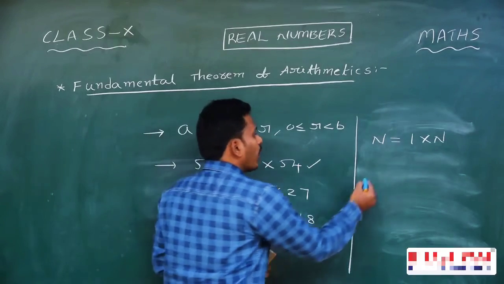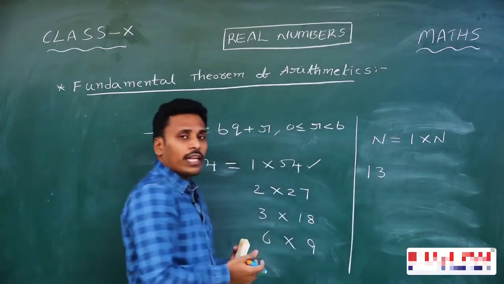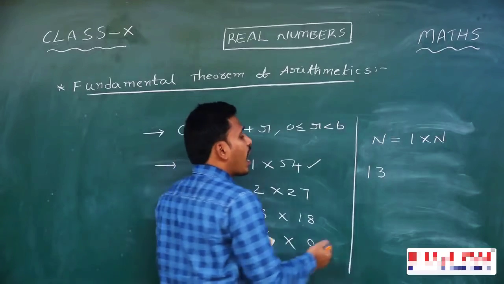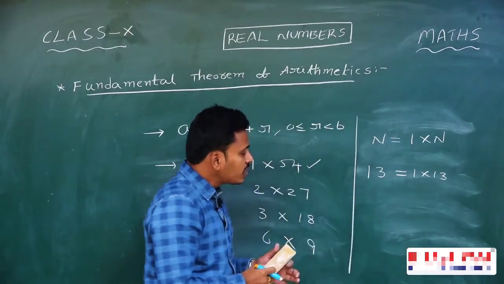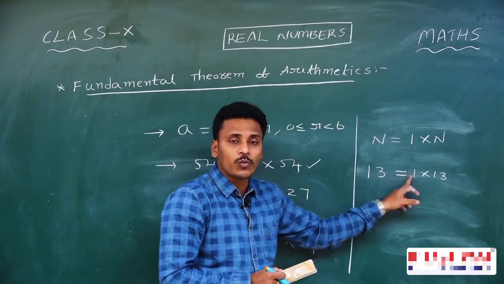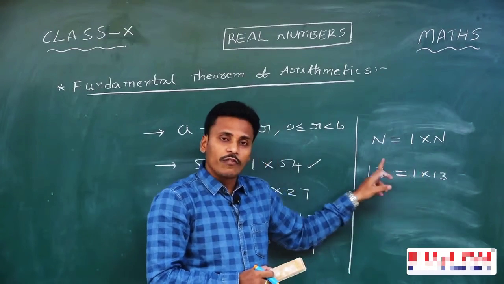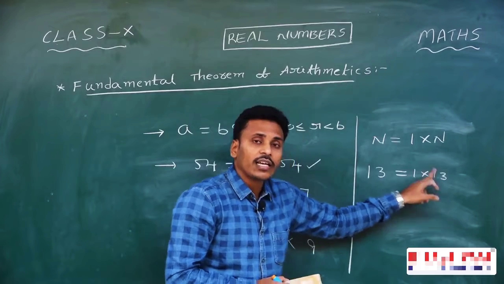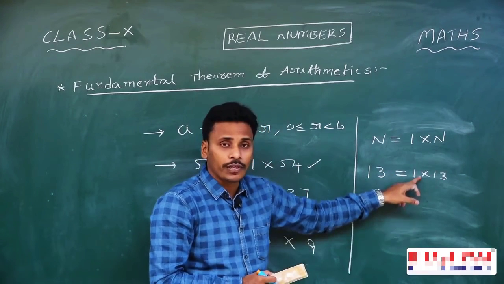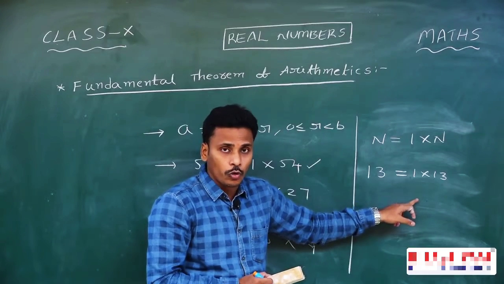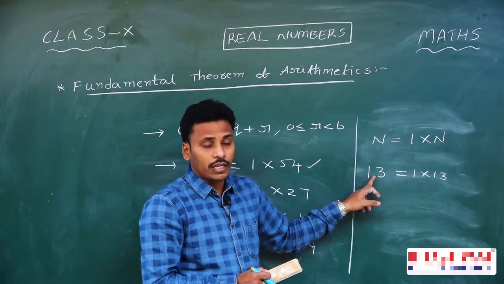Suppose we consider the number 13. I can represent 13 as 1 into 13. Since I wrote 13 as 1 into 13, 1 is a factor of 13, and 13 is also a factor of 13. I don't have any other representations as a product of two numbers for 13, right?